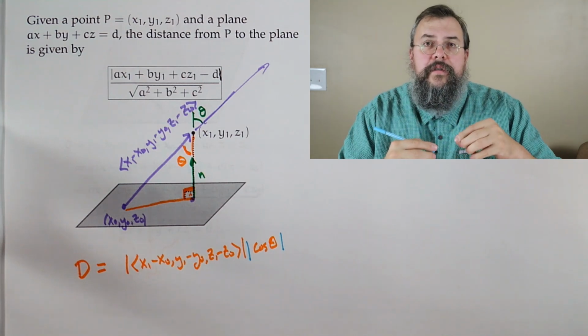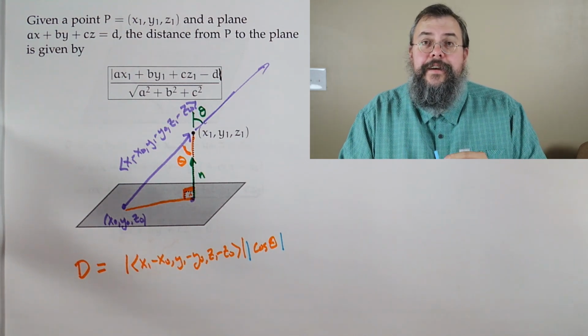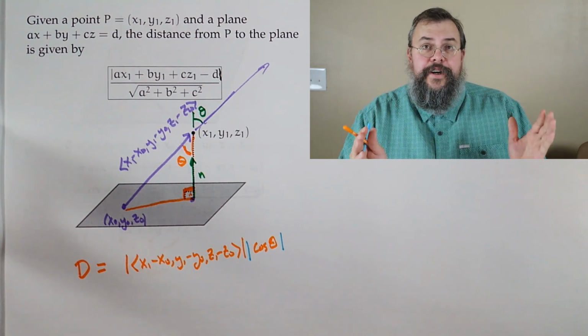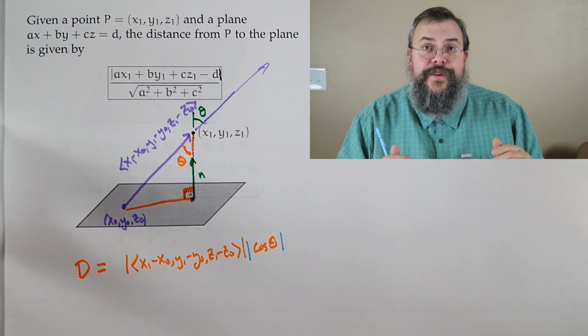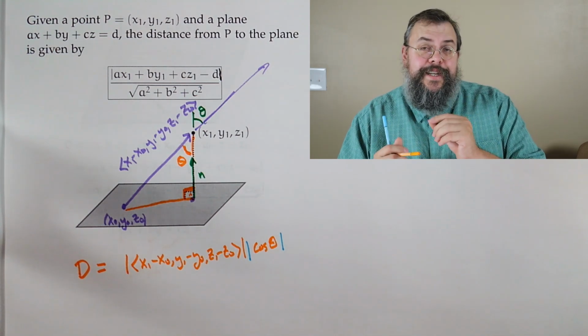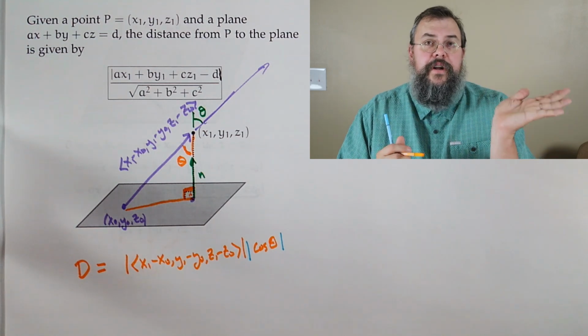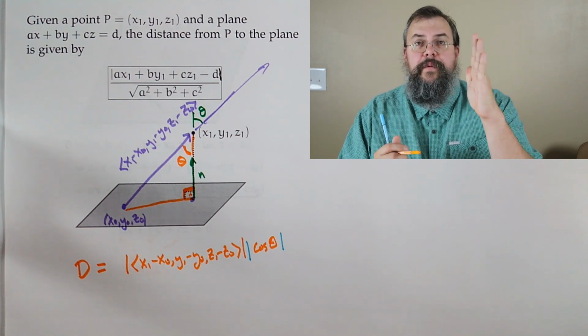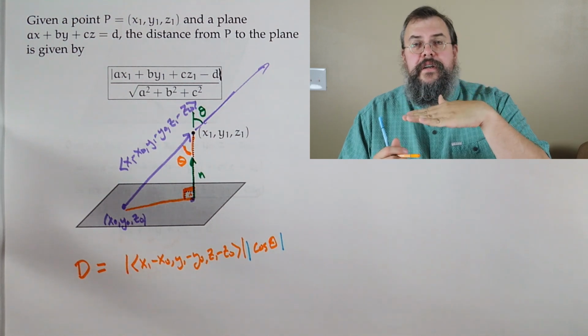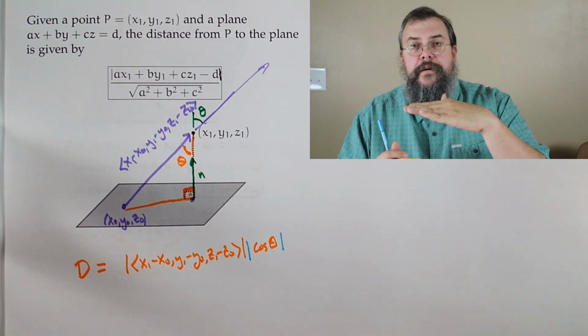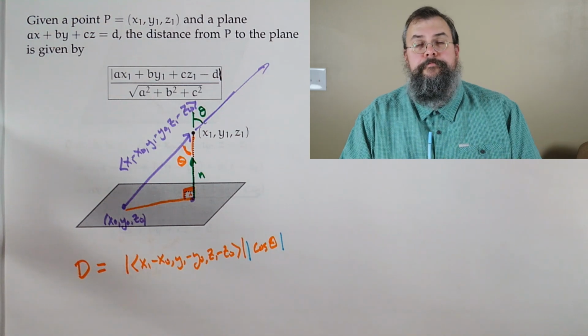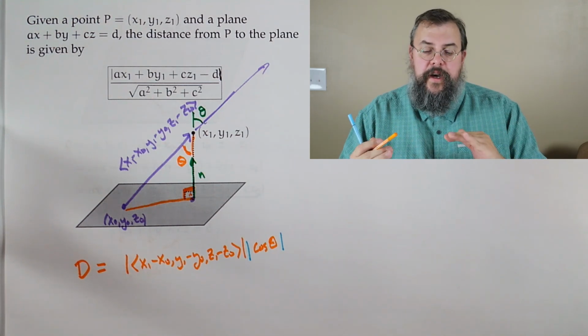So the angle is always less than or equal to 180. Now, if you think about the sine function, it's always positive in that range. But for cosine, it's positive and negative. So if you think about cosine of 0 is 1, cosine of pi halves is 0, cosine of 180, or pi, is negative 1. So you have to worry about the cosine.